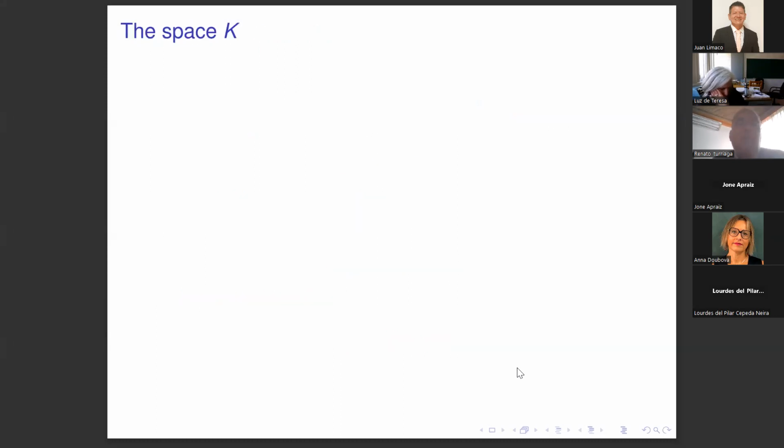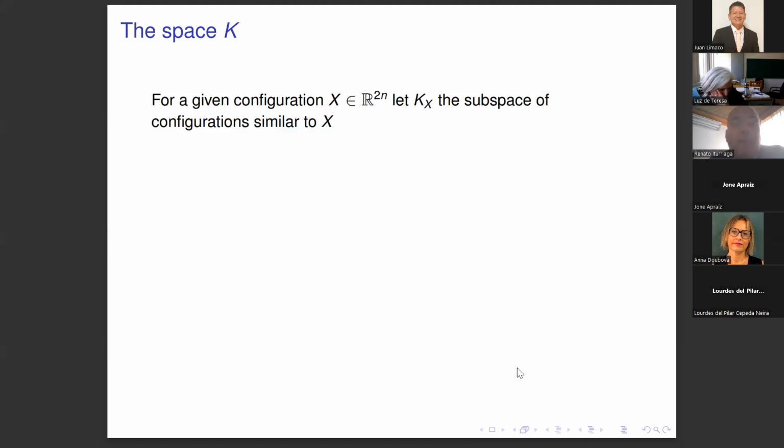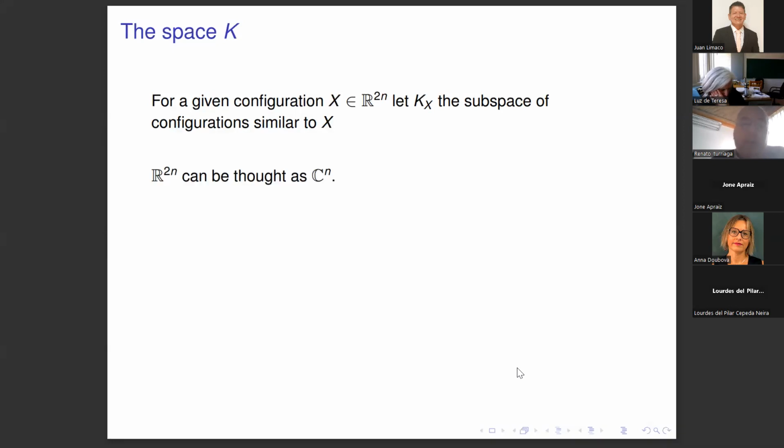So just let me put some notation. There will be a particular space, K. Given any configuration X, K_X will be the subspace of configurations similar to X. So this is what I was talking about earlier.